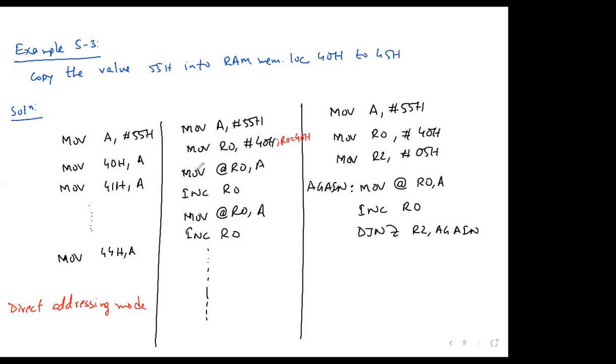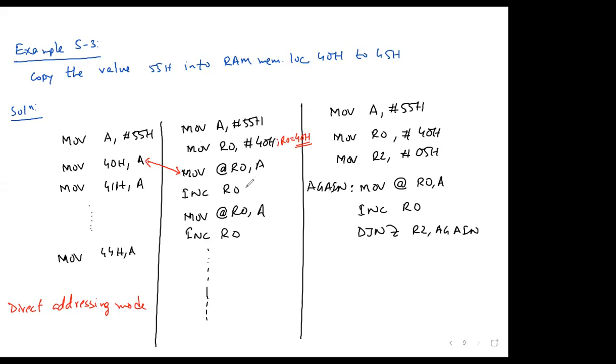Then you write MOV @R0, A. That means whatever is stored in R0, consider that as an address. So 40H will be considered as the address, and move A to 40H. This line is exactly the same as MOV 40H, A. Instead of writing MOV 40H, A, you are writing MOV @R0, A.